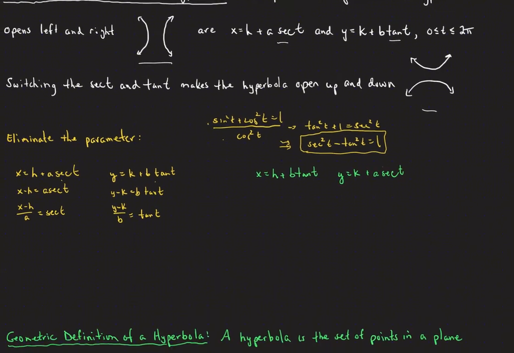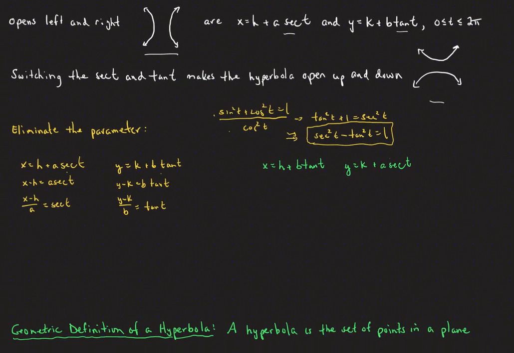So what we're going to get is x minus h over a, squared. That's going in for the secant, and the secant squared. It's going to be a minus rather than a plus, like we got with the sines and cosines. And then y minus k over b, squared, is equal to 1.